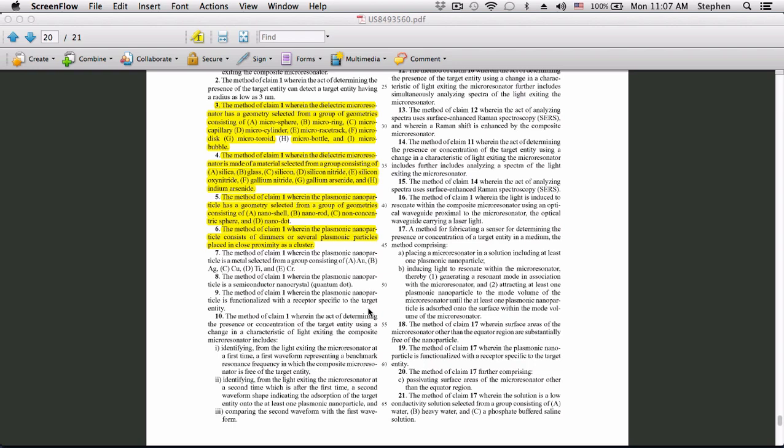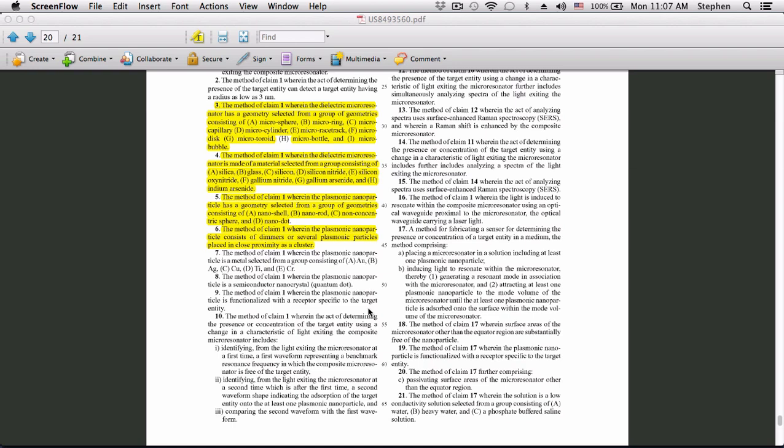The method wherein the dielectric microresonator is made of a material. She's covered a tremendous number of materials: silica, glass, silicon nitride, silicon oxynitride, gallium nitride, gallium arsenide, and indium arsenide.